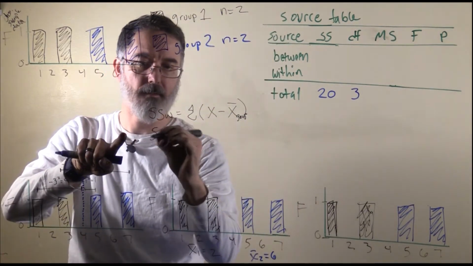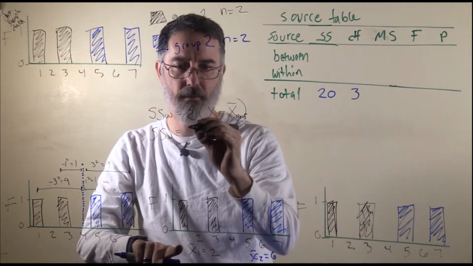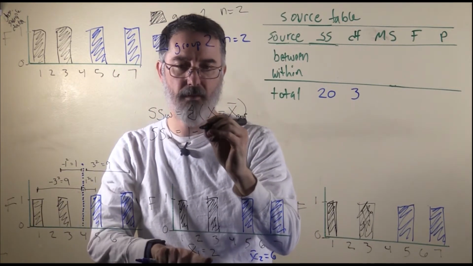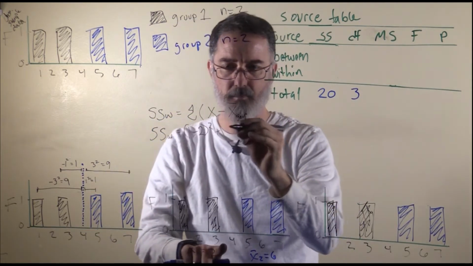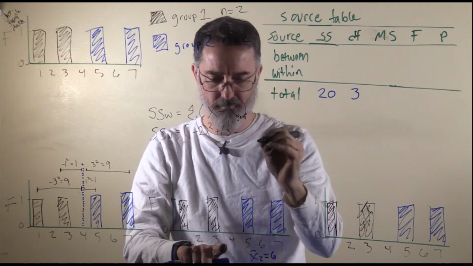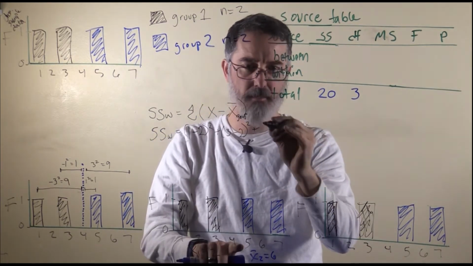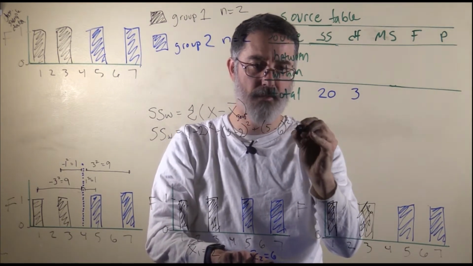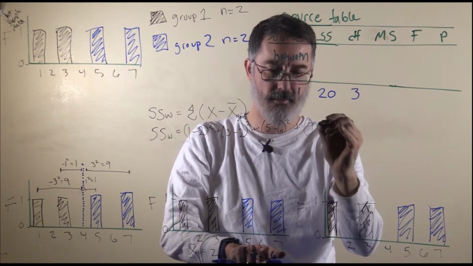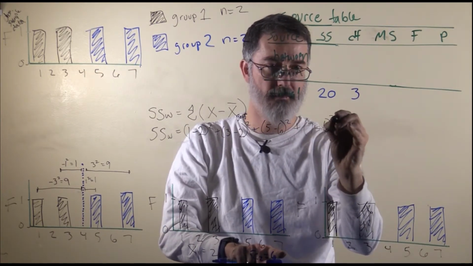All right, so sums of squares within. Our first data point is 1 minus the mean of that group, 2, squared, plus the next data point is 3 minus the mean of its group, 2, squared, plus the next data point is 5 minus the mean of its group, 6, squared, plus the last data point, 7, minus the mean of its group, squared.